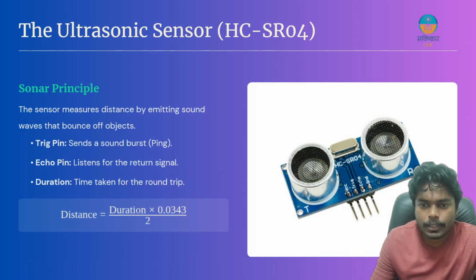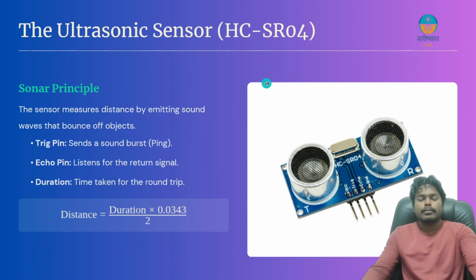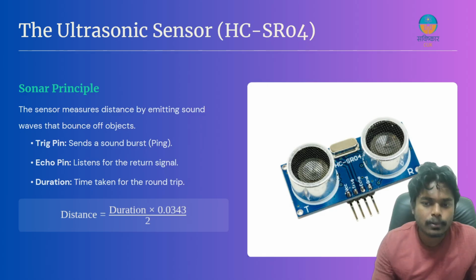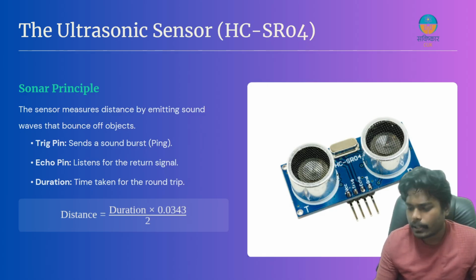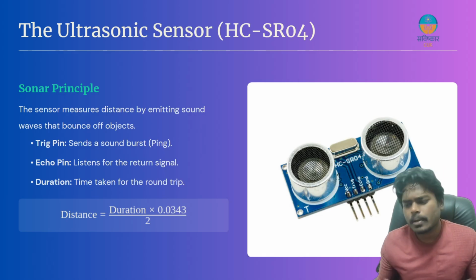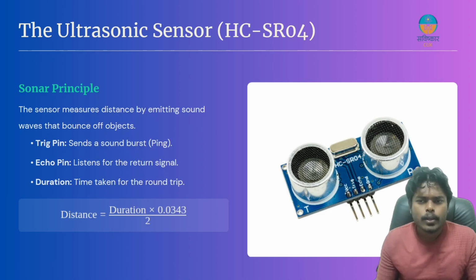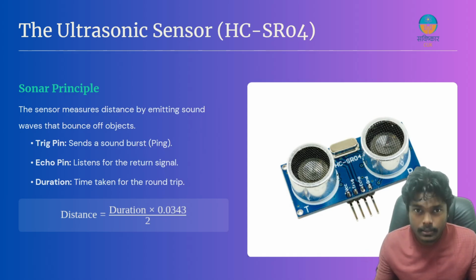So before we move on, yeah. So here we are having the ultrasonic sensor. Before we go into working with it, before we start writing the code, let us talk about the ultrasonic sensor. So the ultrasonic sensor is used to measure distance between two objects, right? With the help of sound waves. Okay.